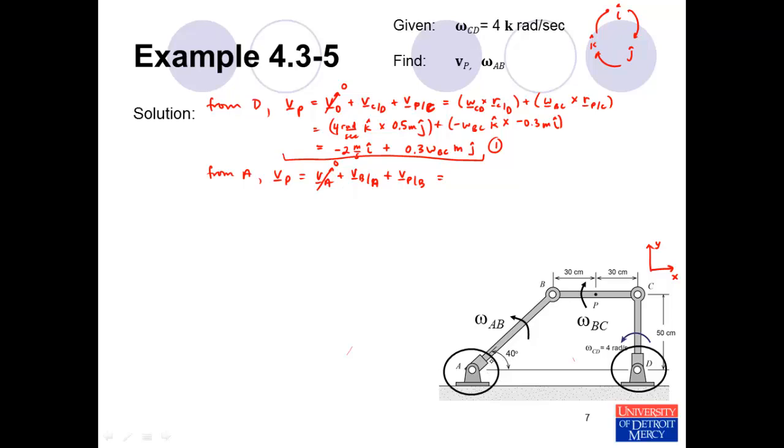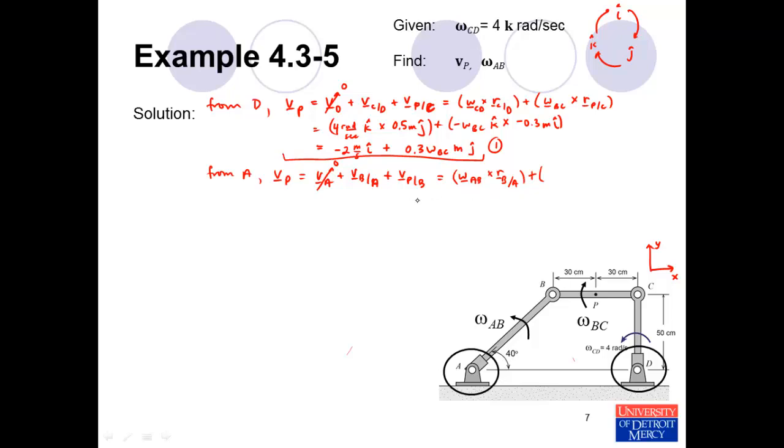B is moving in a circle about A. So it's equal to the angular velocity of that bar, omega AB, crossed with the position of B relative to A. Then we add, so this is the expression of the velocity of B relative to A.